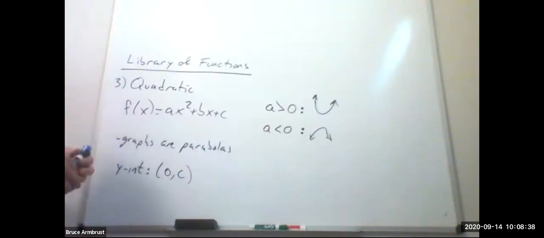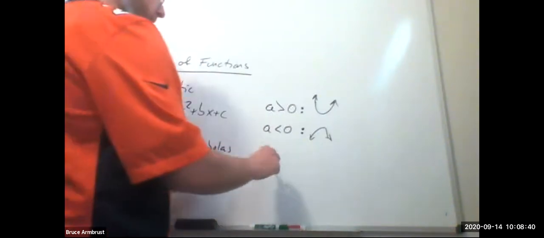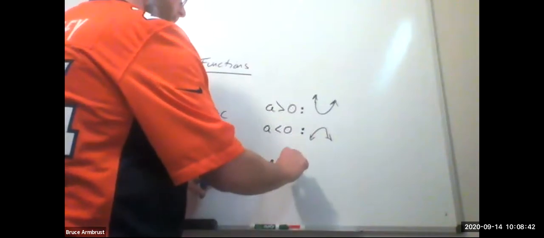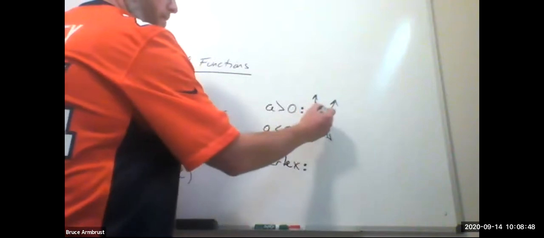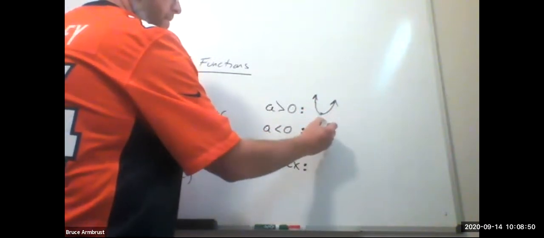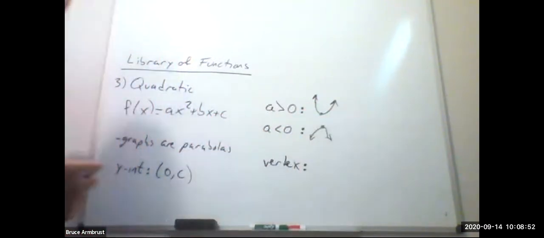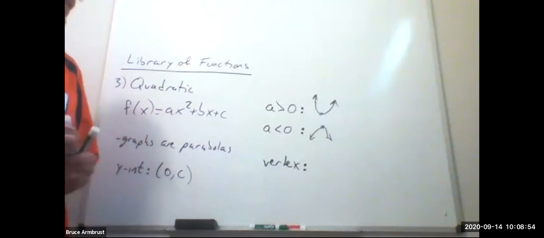And then the other thing that you can get pretty quickly is the vertex. So the vertex, that's the turnaround point. So those places are kind of important with parabolas.